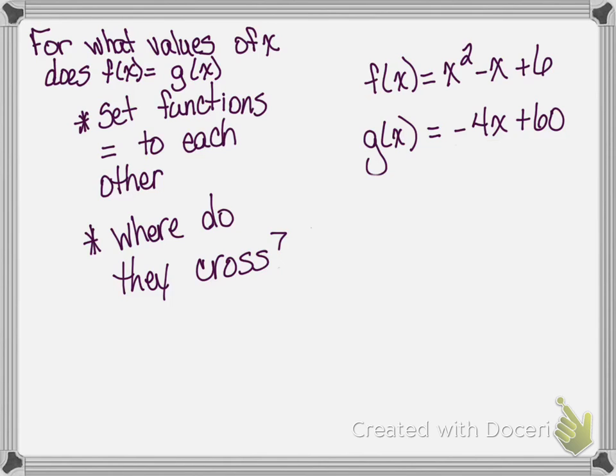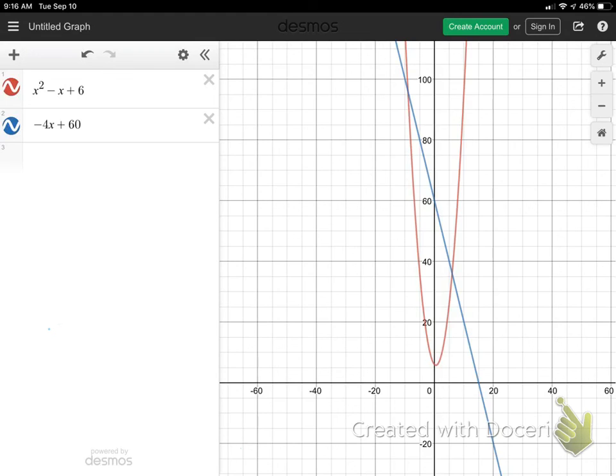You are setting the functions equal to each other. This is what you're looking for. You're looking for where the functions cross. You're actually solving a systems of equations. Okay? You're looking for where they cross.